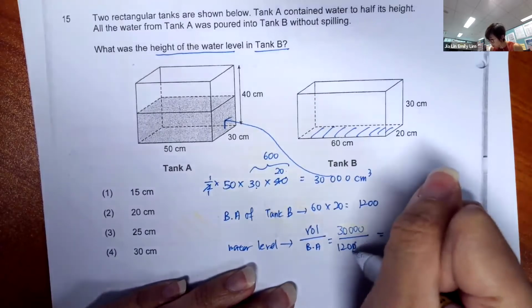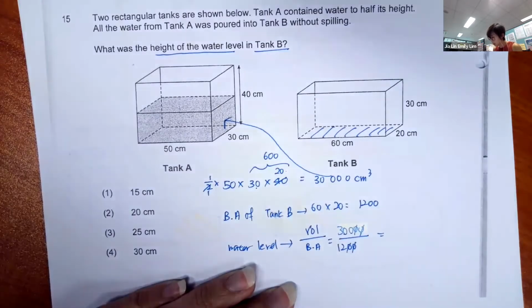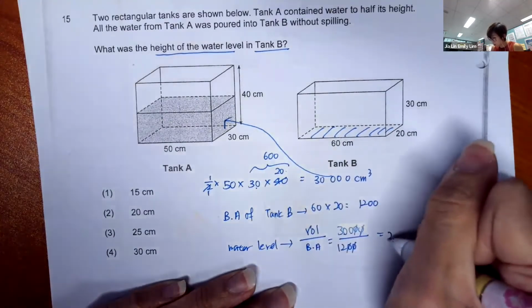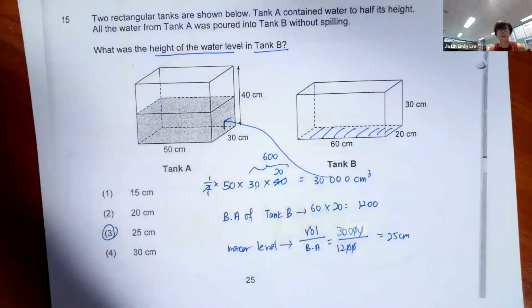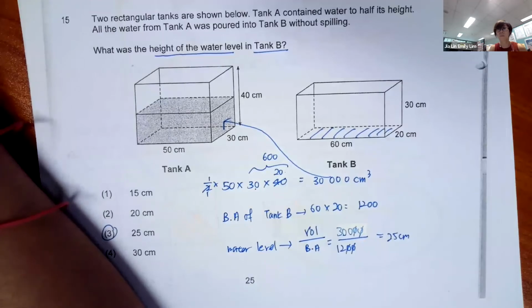Can cross cancel. So you're left with 300 divided by 12. You end up with 25 cm. Option number 3. Okay, that's it.